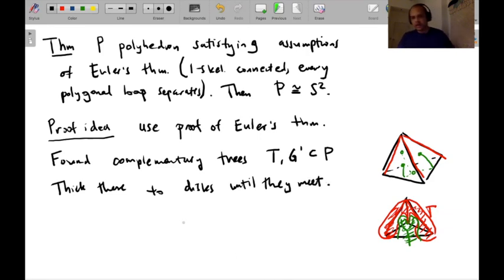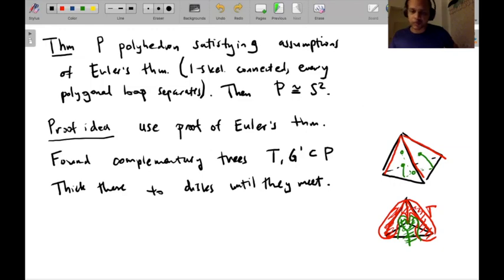And when they meet, well, neither of these pictures is completely satisfactory, because here you can't see the outside. There's a face missing, and plus it's just a total mess.